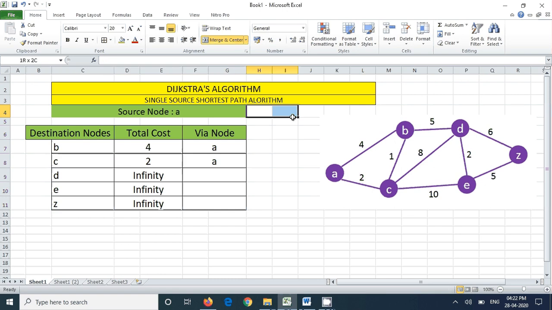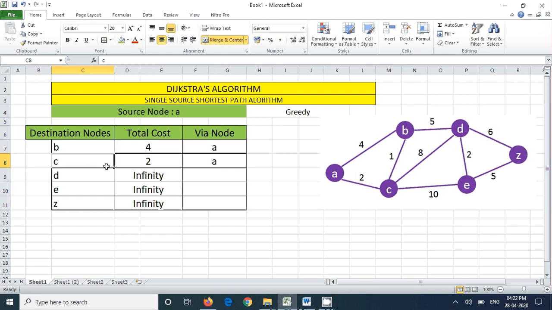Dijkstra follows the greedy property, selecting the smallest one always, and this yields an optimal, that is correct, answer. Algorithm correctness holds just by selecting the smallest every time.